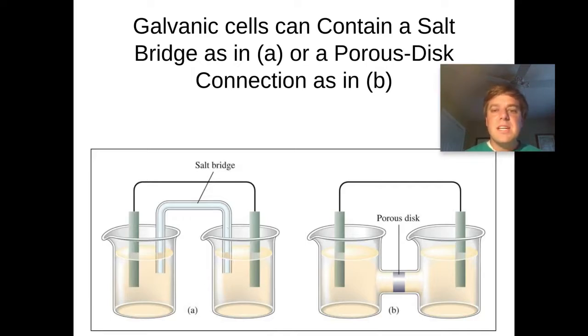And typically the ions involved are ions of potassium nitrate, and the ions will flow into the different beakers in order to balance the charge out, because without the salt bridge, you would be dumping positive ions into one half of this container and negative ions into the other half, and you would build up a whole bunch of charge inside the cell, and it just wouldn't work.